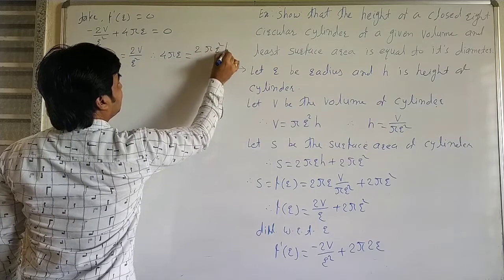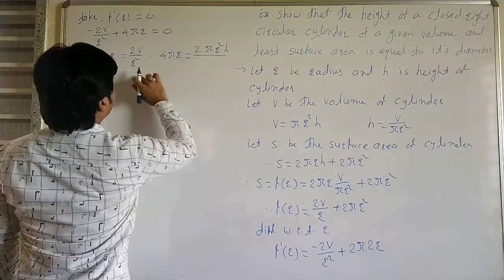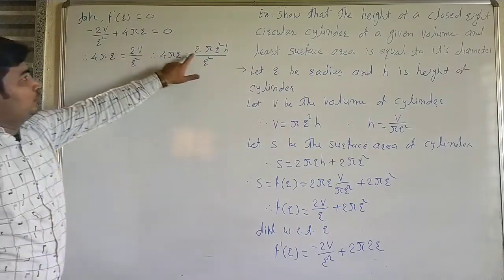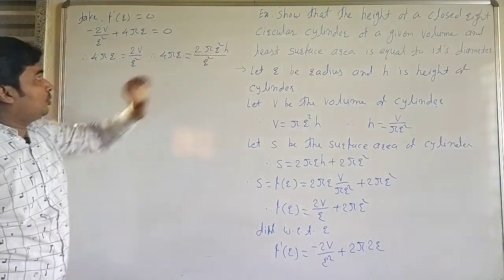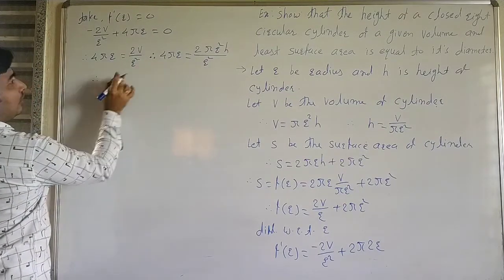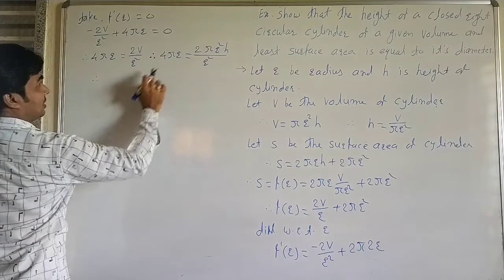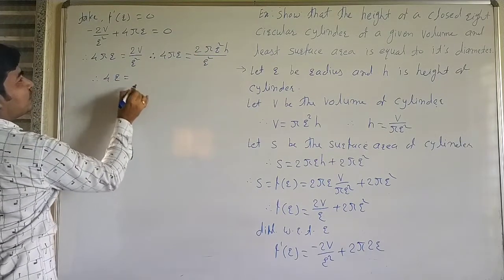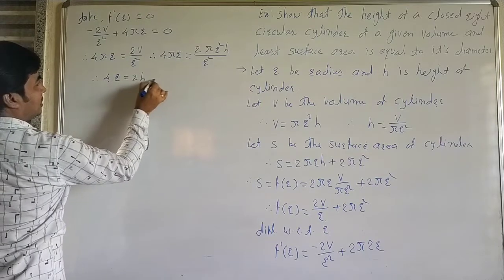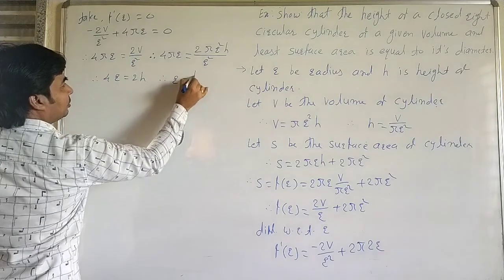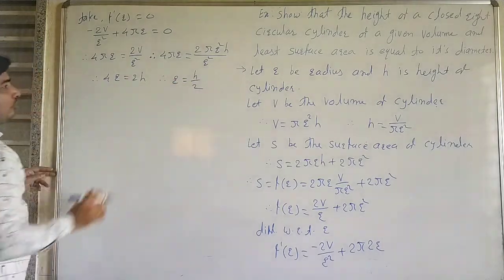Then r square gets cancelled, pi gets cancelled, 4r is equal to 2h, and therefore r is equal to h by 2. This is the value of r.